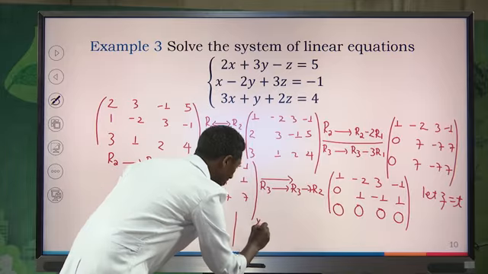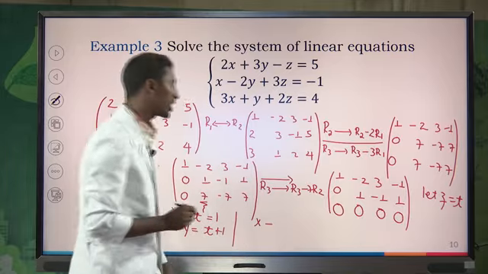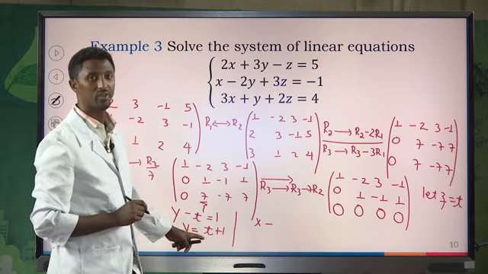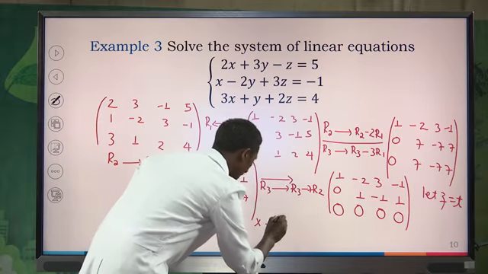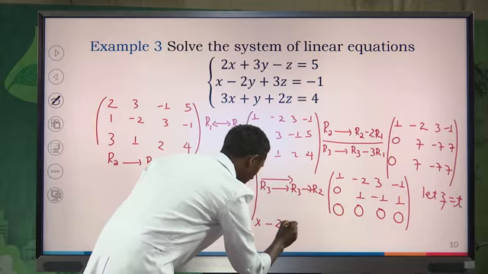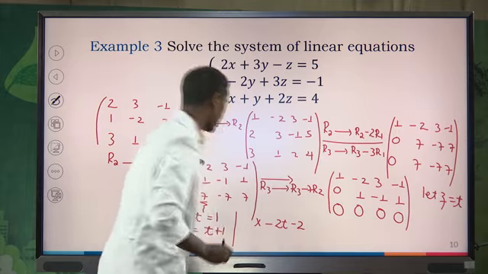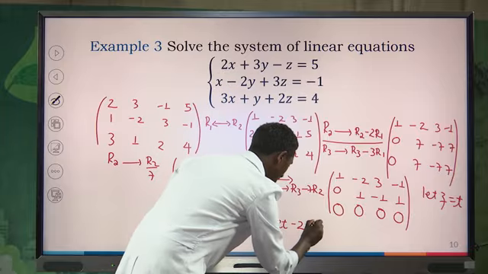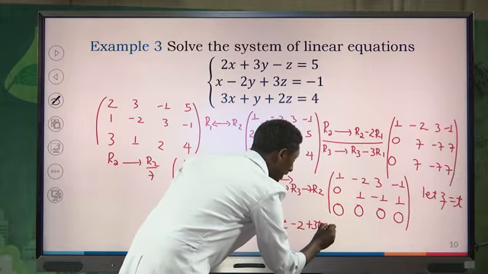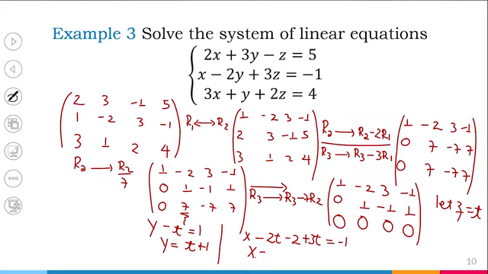That is x minus 2 times y. We have a value of y, that's t plus 1. So 2 times this value is 2t plus 2, so minus 2t minus 2, plus z, that is plus t, equals minus 1.